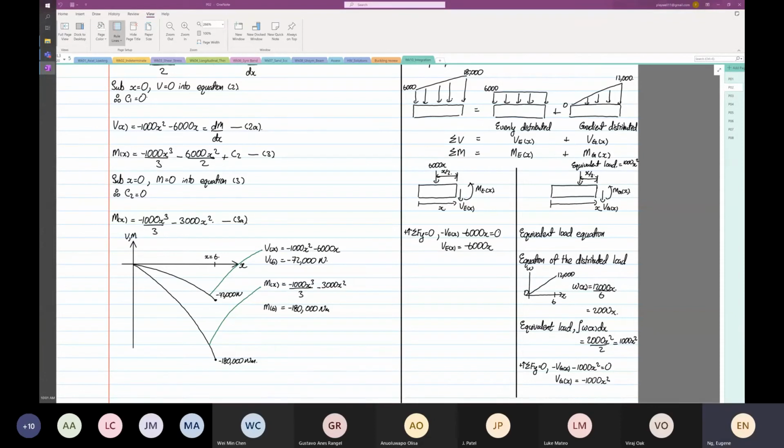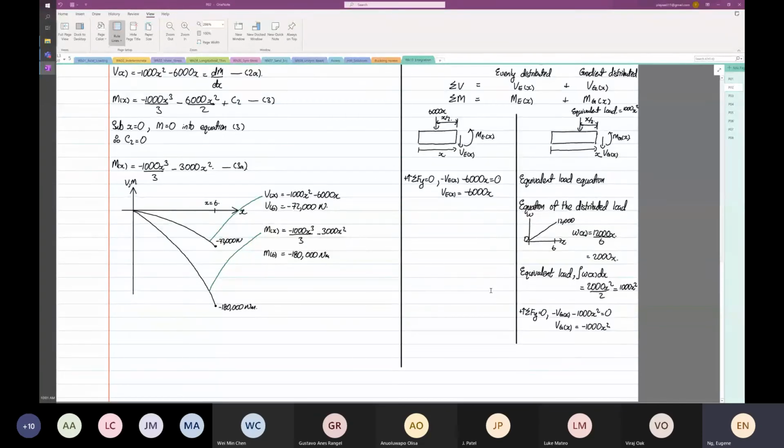Okay. So from here, we know that the summation of shear force as a function of x will be equal to minus 1,000 x squared minus 6,000 x.